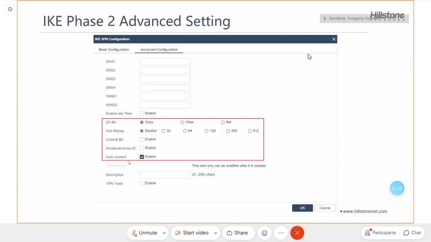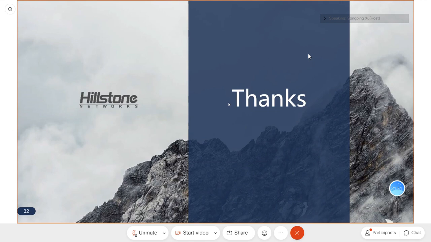Normally, we need to enable auto connect to automatically trigger the negotiation packets or the connections between both sides without manually triggering with traffic. So this is the additional information for the VPN, especially for the IPsec VPN protocol.